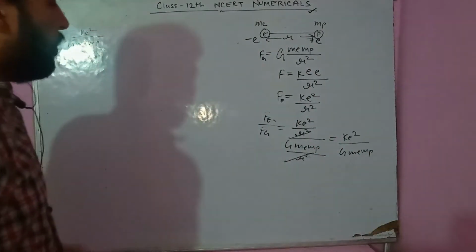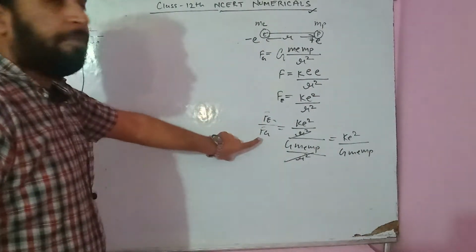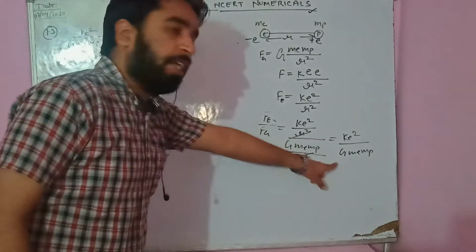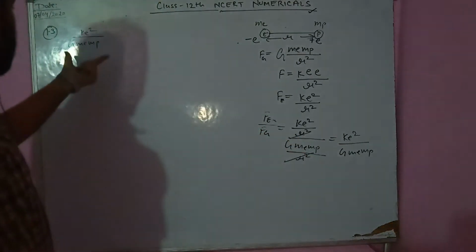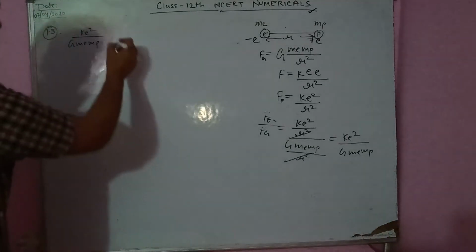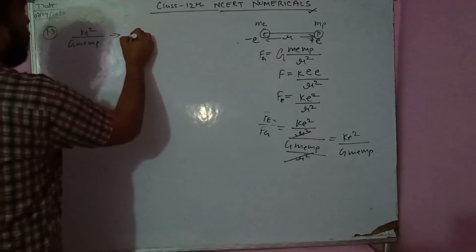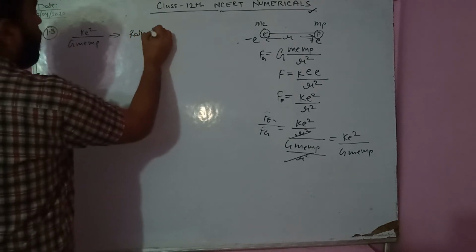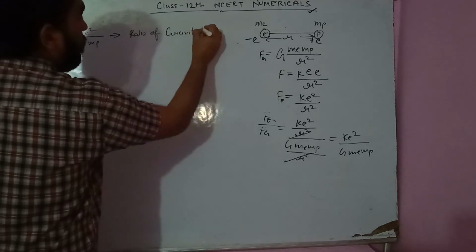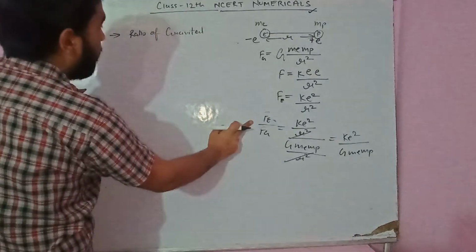This is the value of electrostatic force divided by gravitational force. What was the value given to us? k e square upon G Me Mp. So what is it representing? Which force was in the numerator?